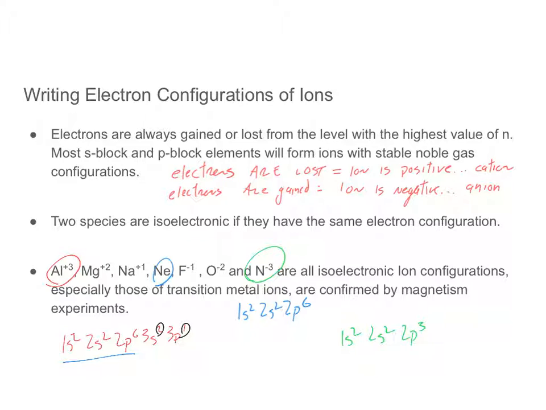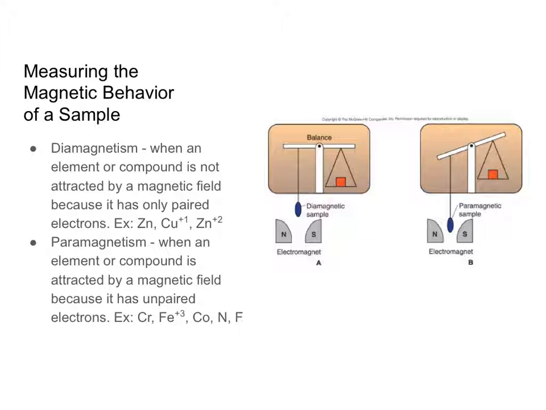Nitrogen will gain 3 electrons to become 2p6, which is the same electron configuration as neon. So all of the ones listed here have the same electron configuration as neon, and the special term we call that is isoelectronic. An isoelectronic element has the exact same electron configuration as another element based on the gaining and losing of electrons.